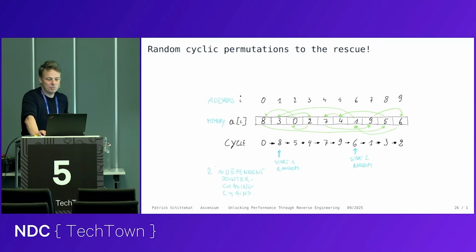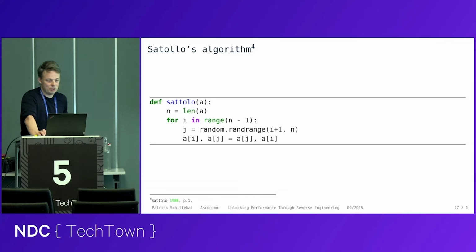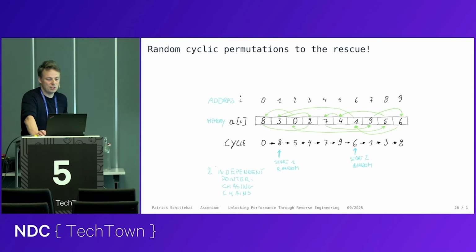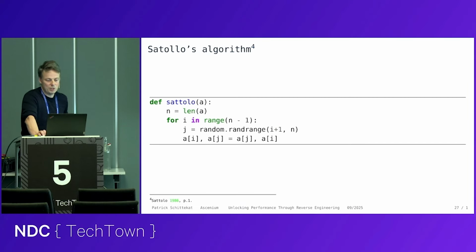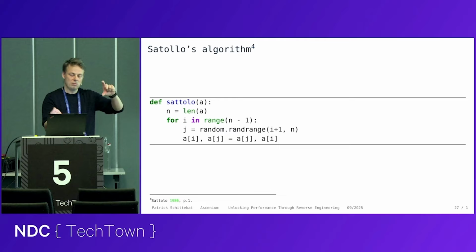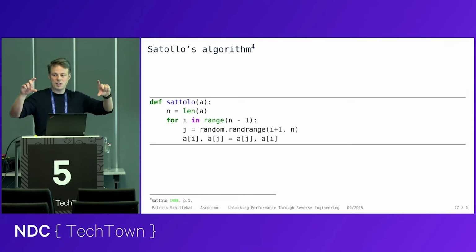There is one algorithm called Sattolo's algorithm, which builds up this one single cycle, and it can generate with equal chance every possible permutation of such a cycle. It does it by taking a cycle, everything is one cycle, and it starts on the left or on the right. You can choose, and then you expand the cycle every time with a random position where you need to go next.